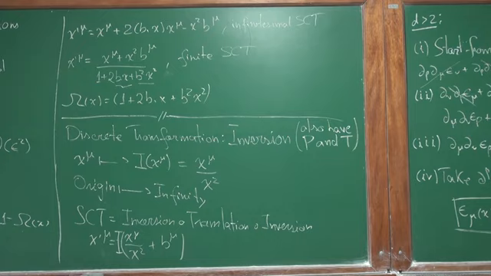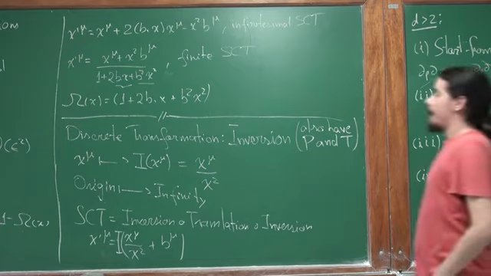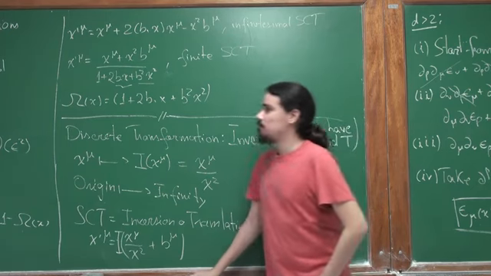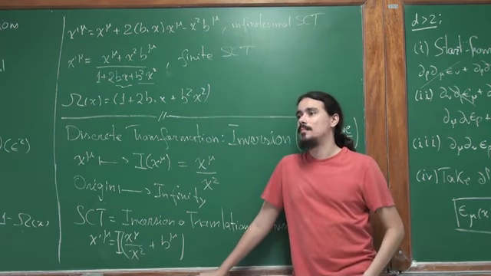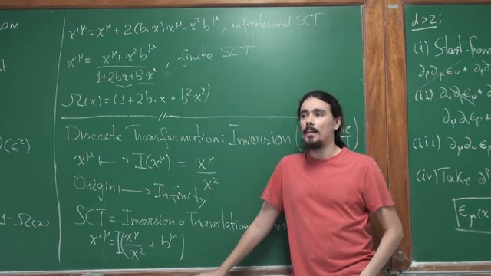But what's the interpretation that this inversion is infinite for the light cone? Is there some interpretation to that? Because if you apply it to a point in the light cone, it maps to infinity.